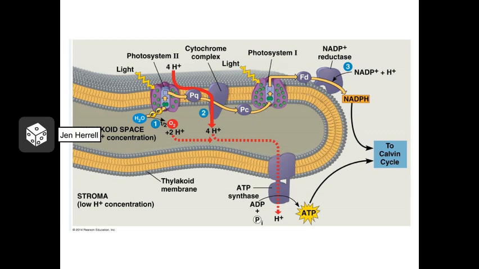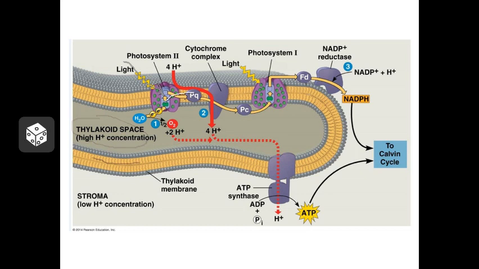Here's the entire machine put together. Out here we have the stroma, and inside the thylakoid we have the thylakoid space, and that's separated by this nice big membrane. Here's the machine. The machine is going to collect light energy in the form of excited electrons in photosystem 2.